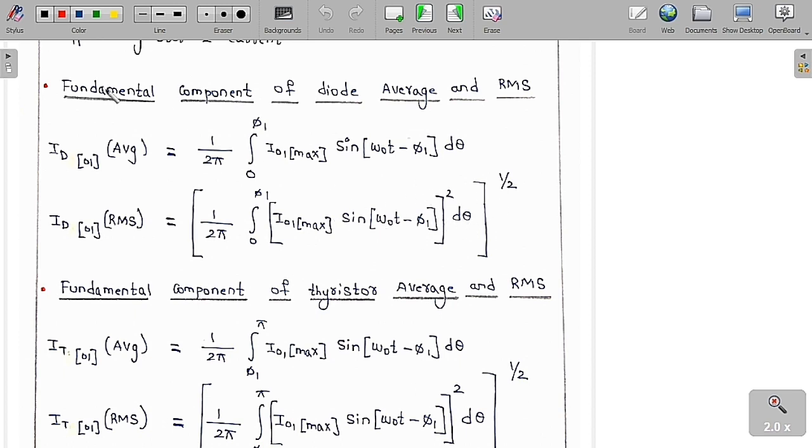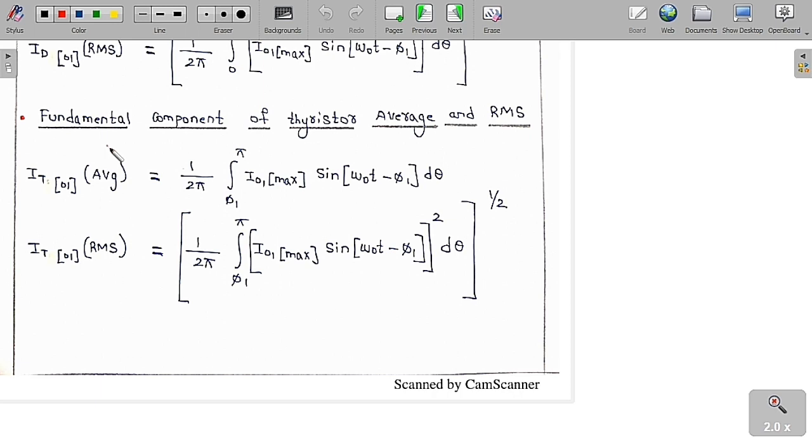Similarly, for the fundamental component of the thyristor average and RMS value: the average value is 1 by 2 pi integration, because for the overdamped system switch S1 conducts only from phi 1 to pi, and there the switch current equals the load current.